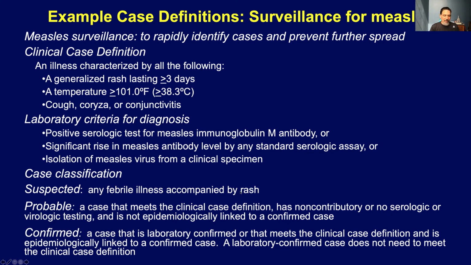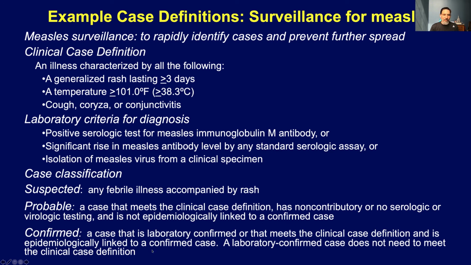So the suspect cases can be anybody who has some of these febrile illness accompanied by rash, regardless of a laboratory confirmation. A probable case is someone that meets the clinical case definition, again, without laboratory testing and not epidemiologically linked to a confirmed case.